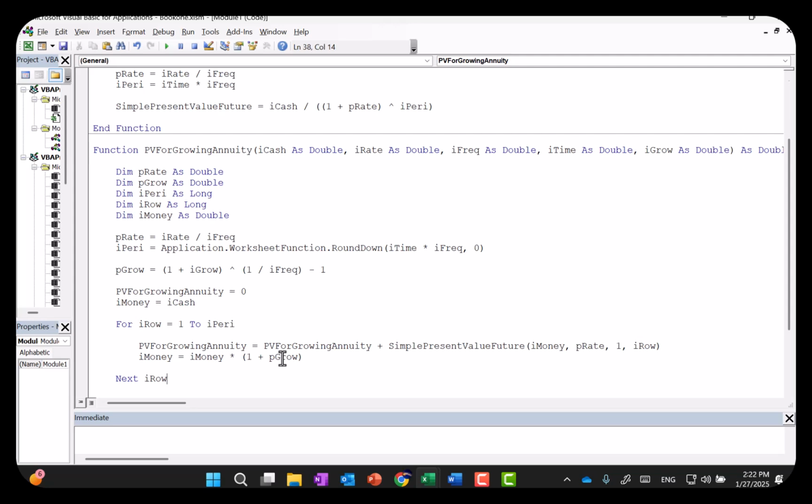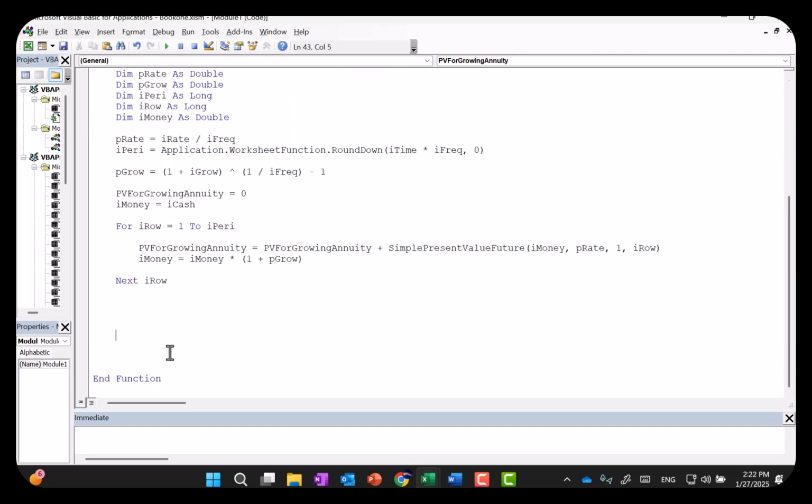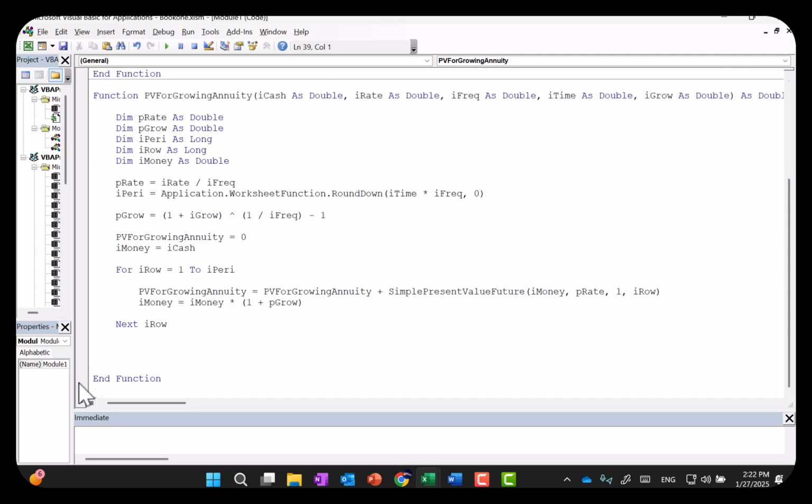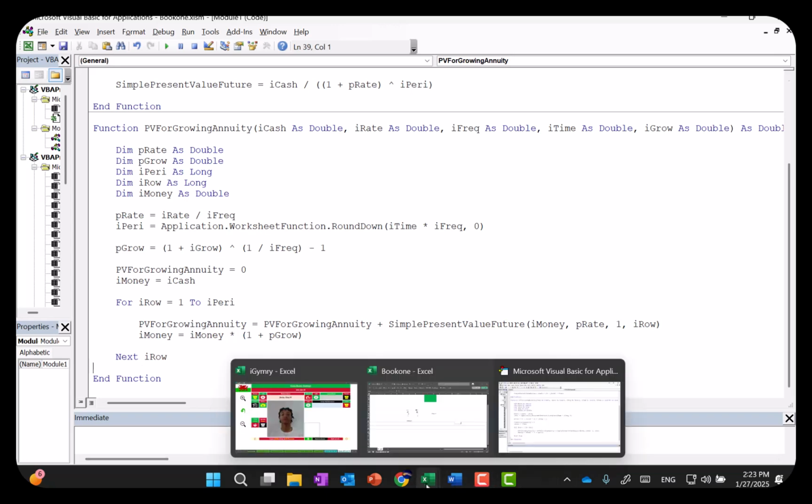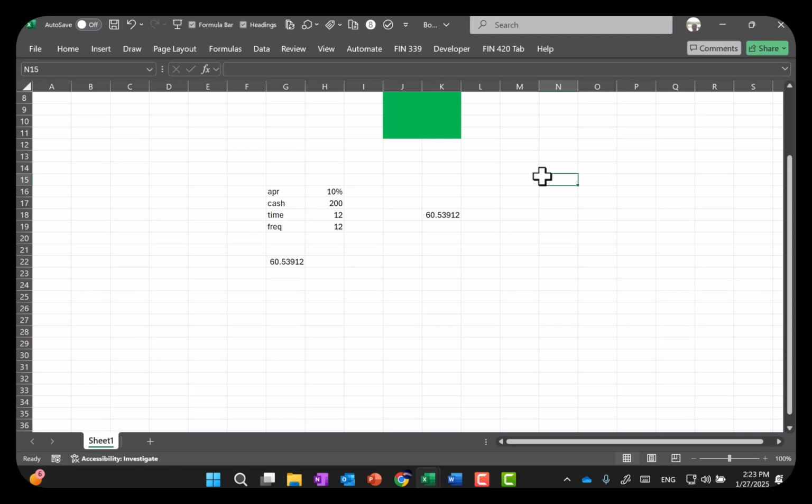So let's make a calculation. First, I'm going to do it annual so that we don't have to worry about the other stuff yet. So let's see. First dollar, let's do 100, APR 6% times 10, and growth is going to be 2%. Okay.